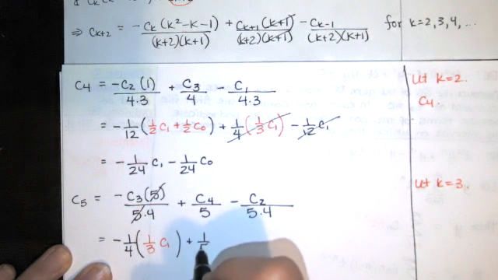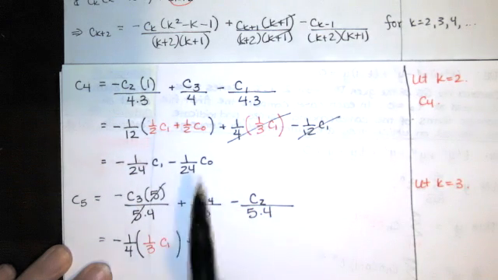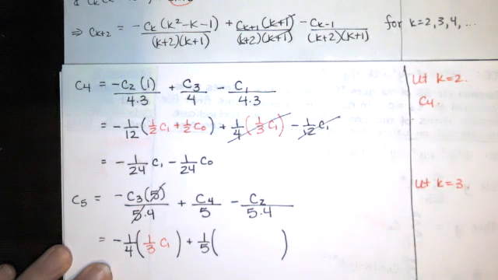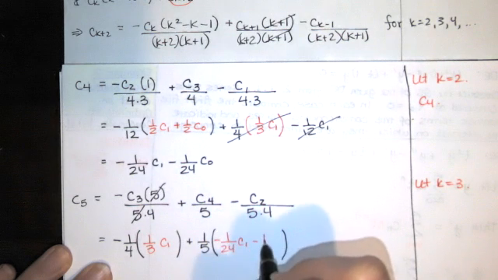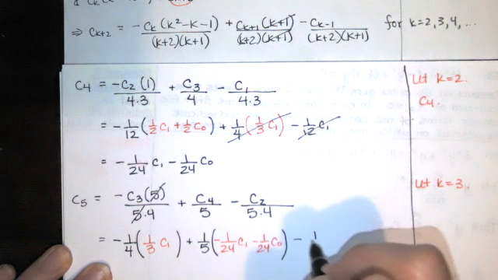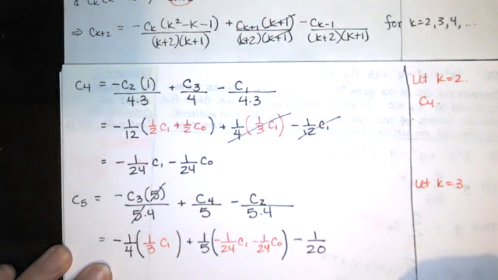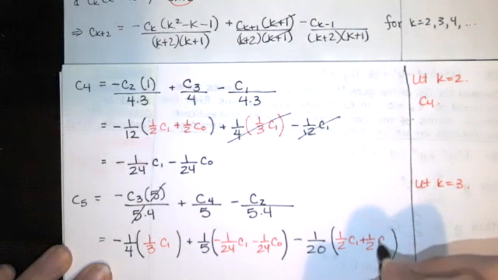And then here, bring the 1/5 down, and then you want to substitute in c sub 4, which was this. And then you're subtracting 1 over 20 times c sub 2, and c sub 2 was 1/2 of c sub 1 plus 1/2 of c sub 0.